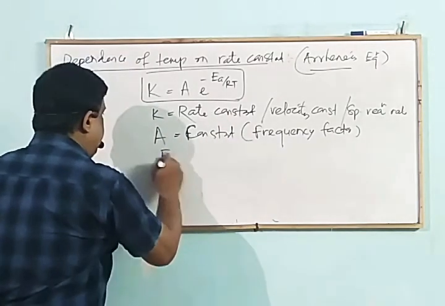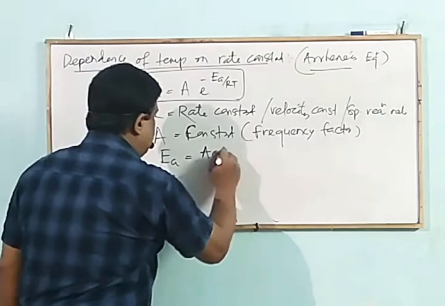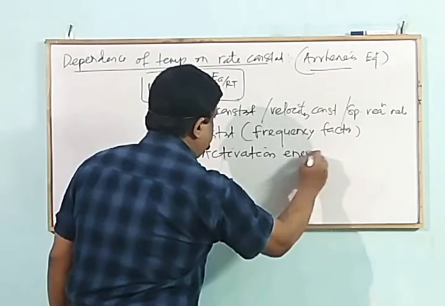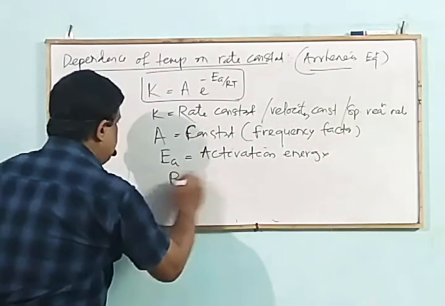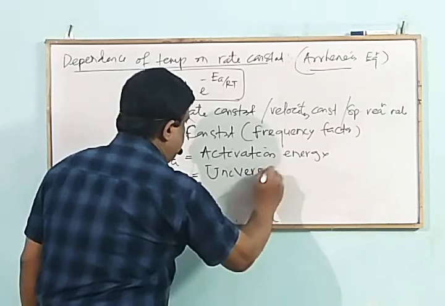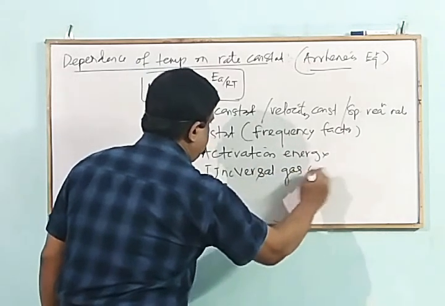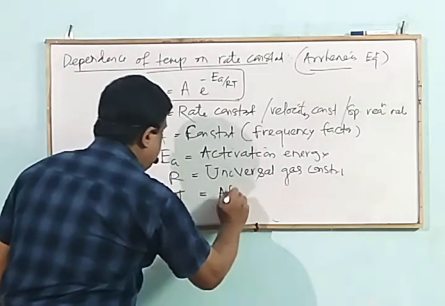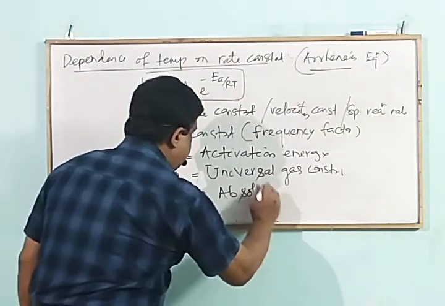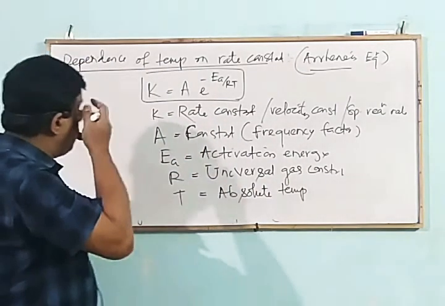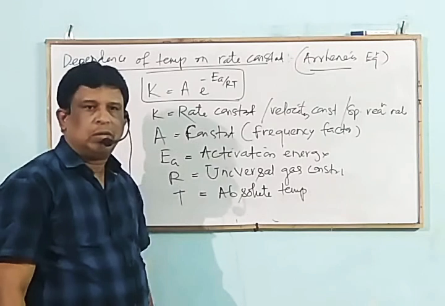Ea is known as activation energy. R is known as the universal gas constant. T is known as absolute temperature.